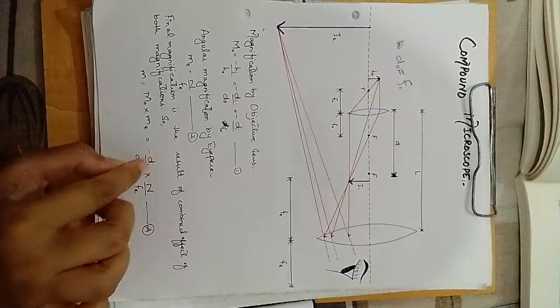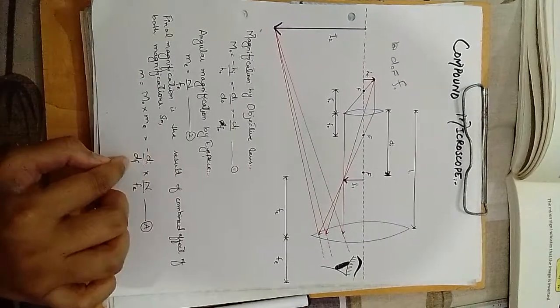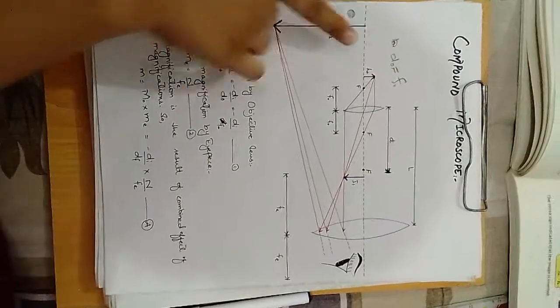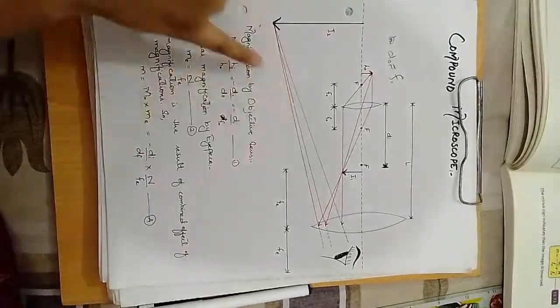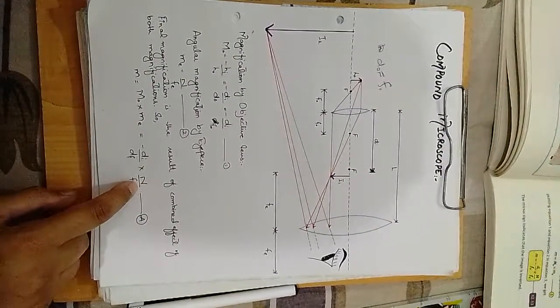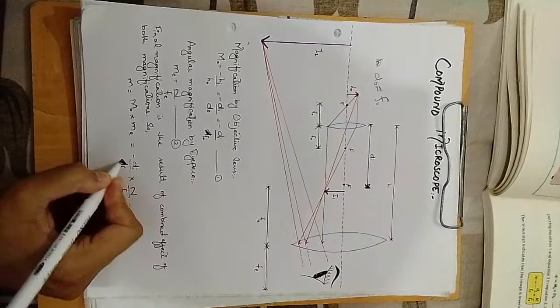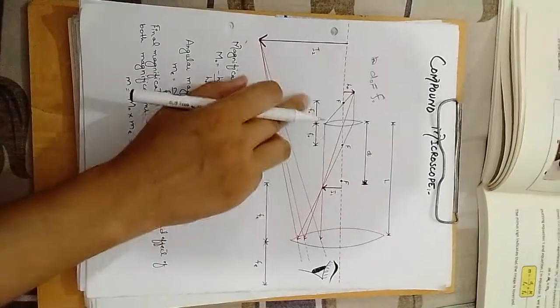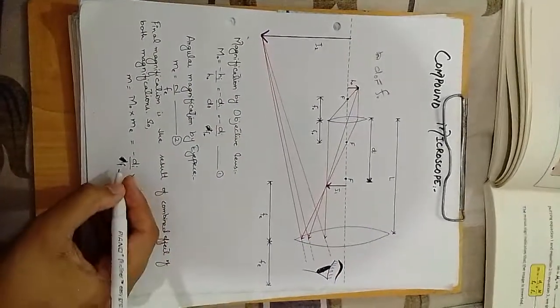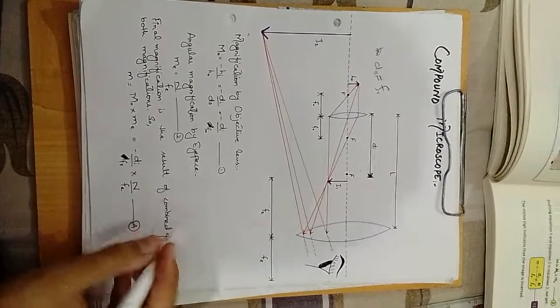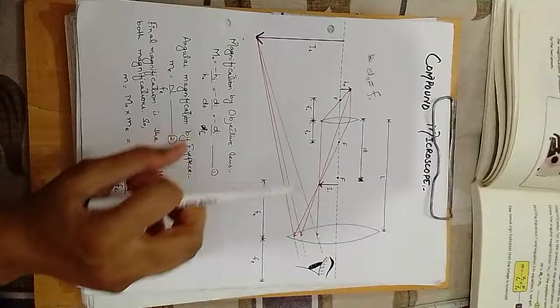It depends upon the distance of the image, the focal length, right? Here is the focal length, of course, into N, which is of course the near point.